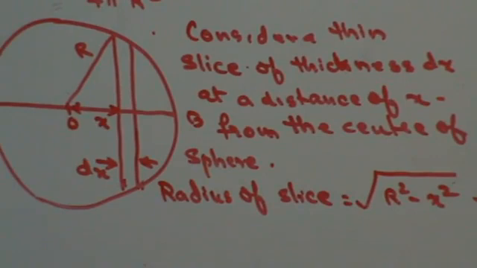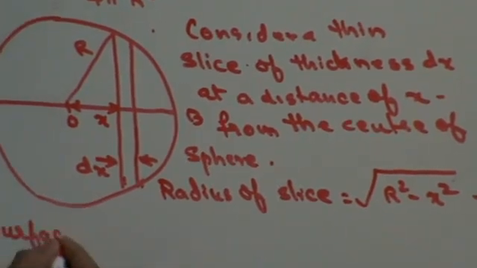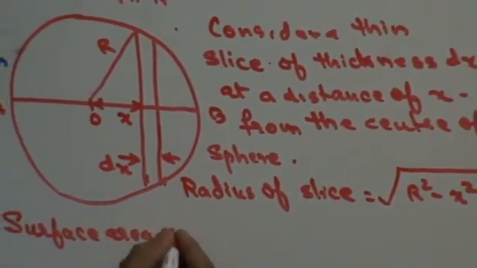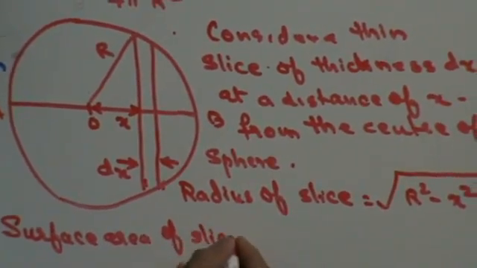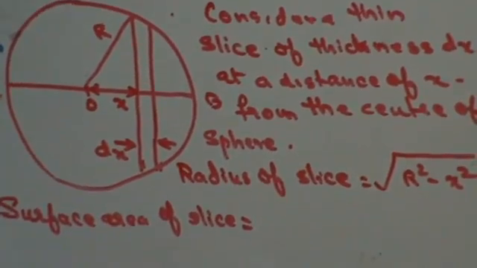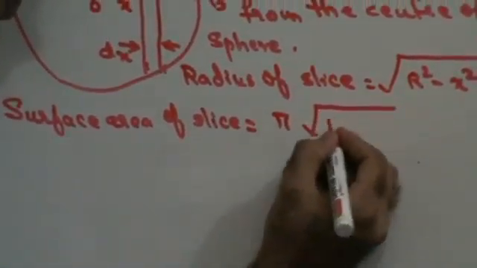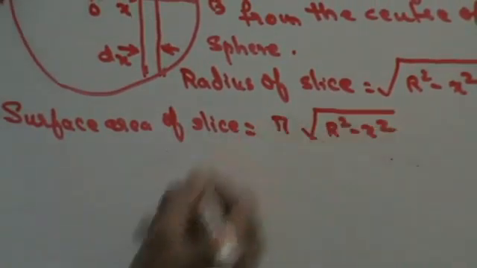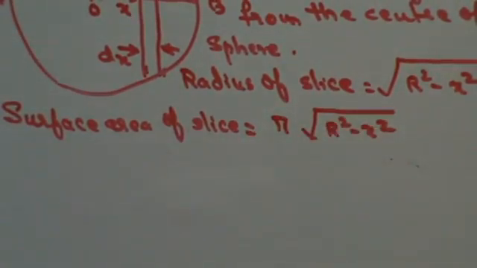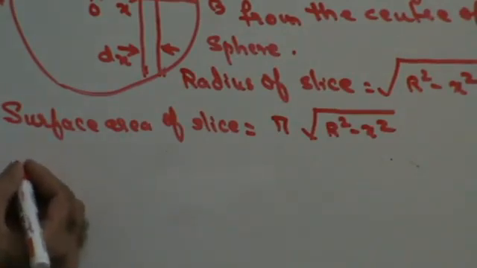So once I know the radius of the slice, I can find out the surface area of the slice. Surface area is nothing but pi r square, so this is pi times r square minus x square. I can also find out the volume of the slice.